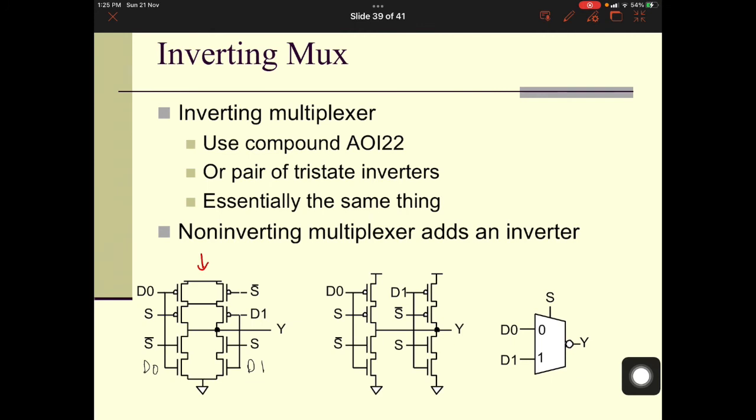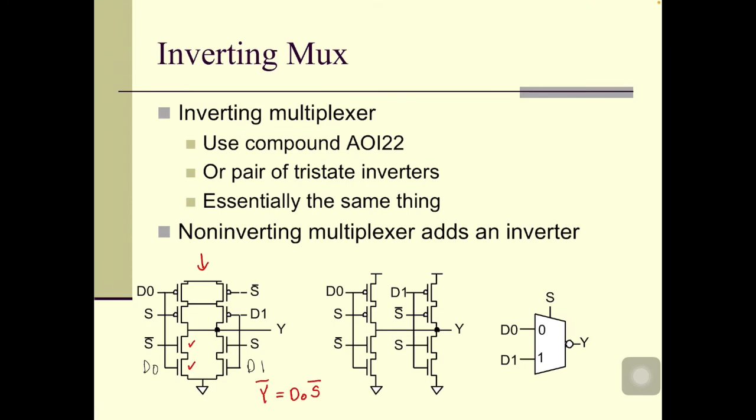If you can see here, the two series NMOS transistors will implement Y equals D0 S bar, and since it is NMOS, you are going to bar the circuit, bar the Y. Okay, and on the right hand side, it is implementing D1 S. Okay, D1 multiplied by S. So you will also put the PMOS part, and this PMOS is in parallel.